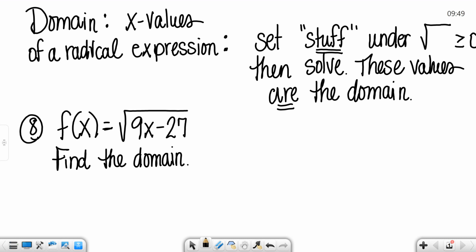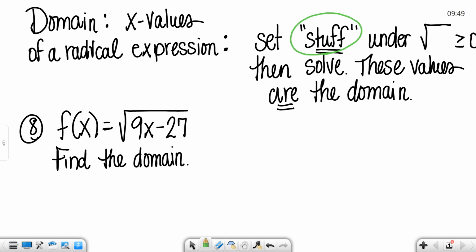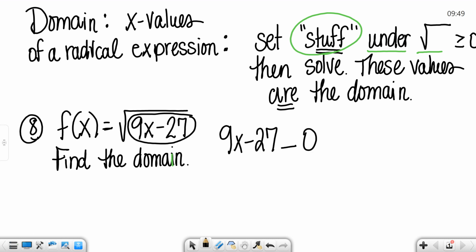All right, so we do have a radical expression, so we're going to go up here to what these directions tell me. We're going to take the stuff that's under the radical. So we're going to take this 9x minus 27 and set it greater than or equal to 0.